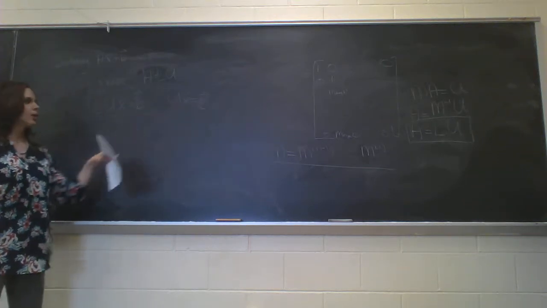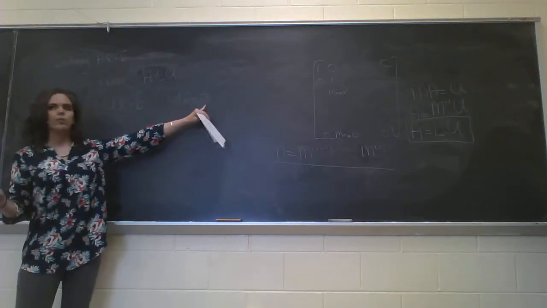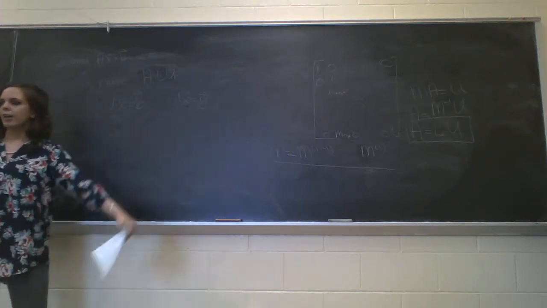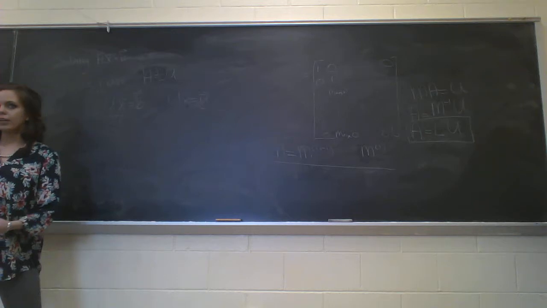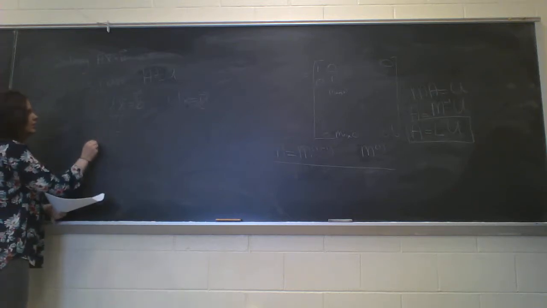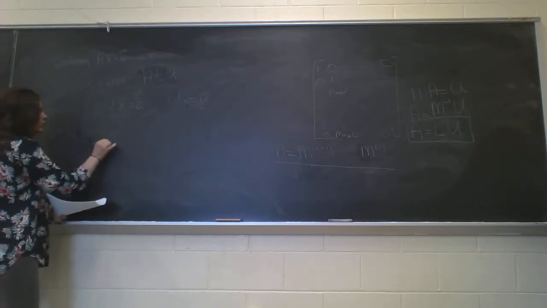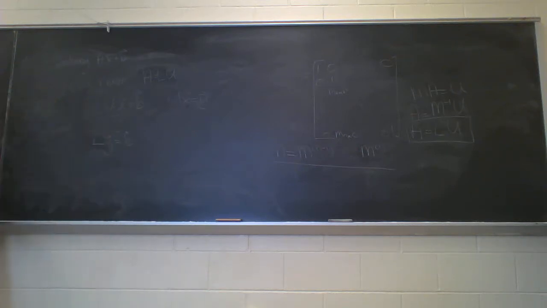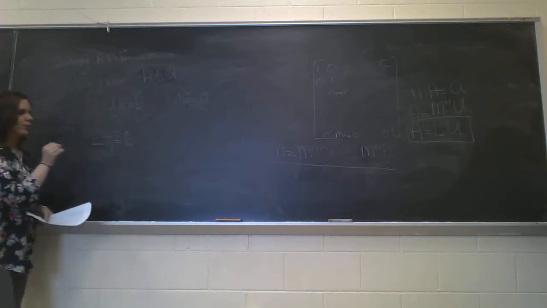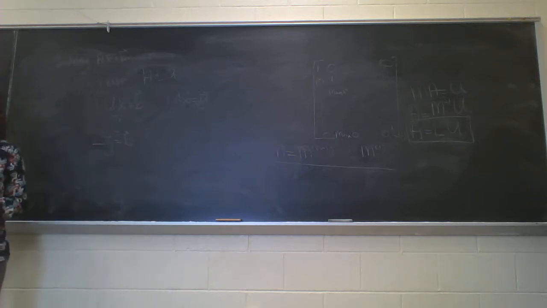But before we do that, we don't know what Y is. All we've done is find LU. We haven't done anything with B yet, so that means we haven't done anything with Y. So we need to solve the system LY equals B. If we solve LY equals B, what type of system is this right here?